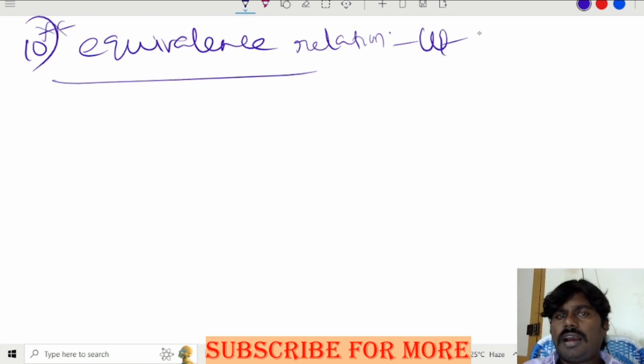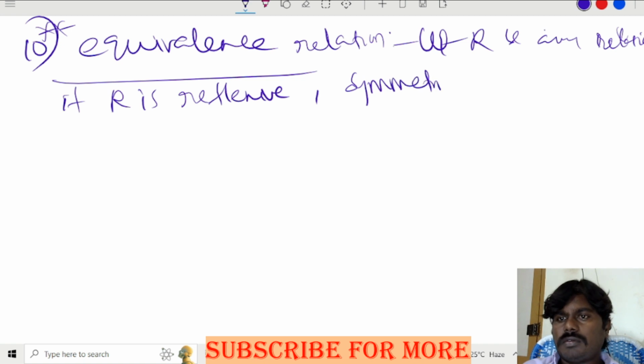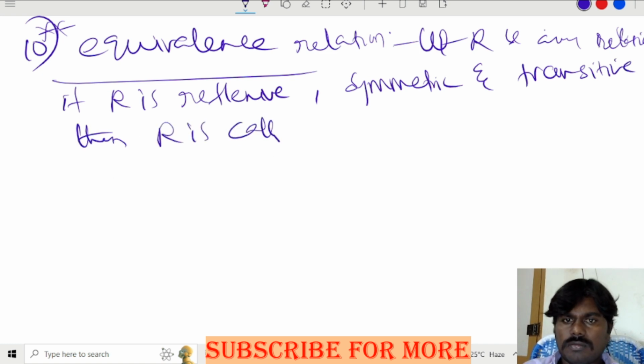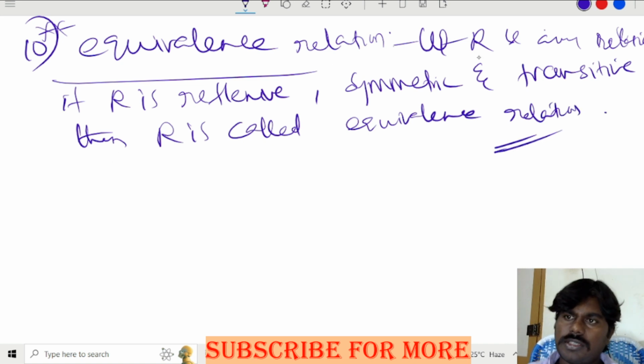A relation R is said to be an equivalence relation, or let R be any relation, if R is reflexive and symmetric and transitive, then R is called an equivalence relation. Okay, so here equivalence relation means if R is reflexive, symmetric and transitive, then relation R is called an equivalence relation.